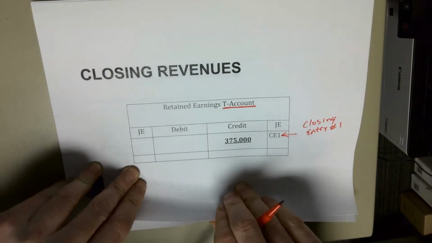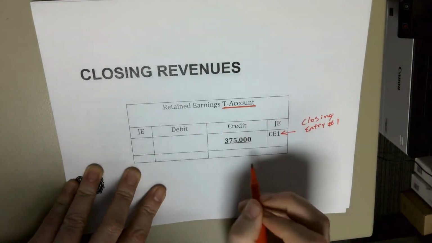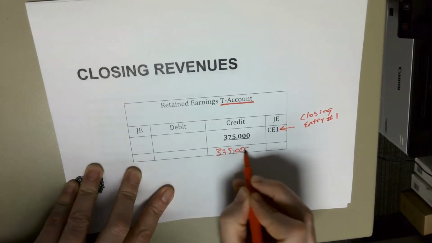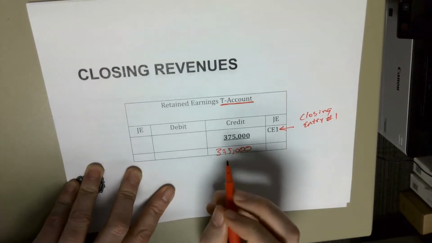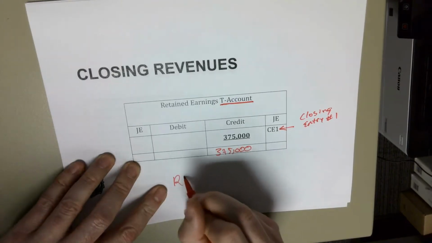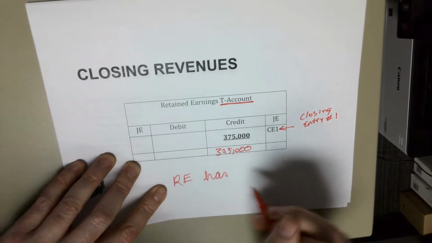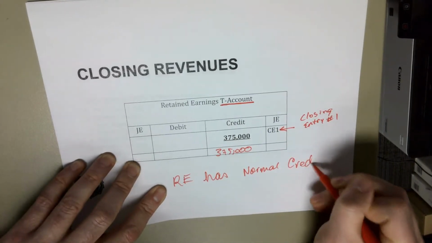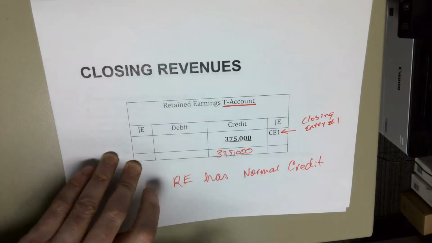Just makes it easier for us to go back and refer to it. So right now we can see that our credit balance is $375,000. That's great. And why is that good? That's because retained earnings has a normal credit balance. Okay, we would expect our ending balance in retained earnings to be a credit.